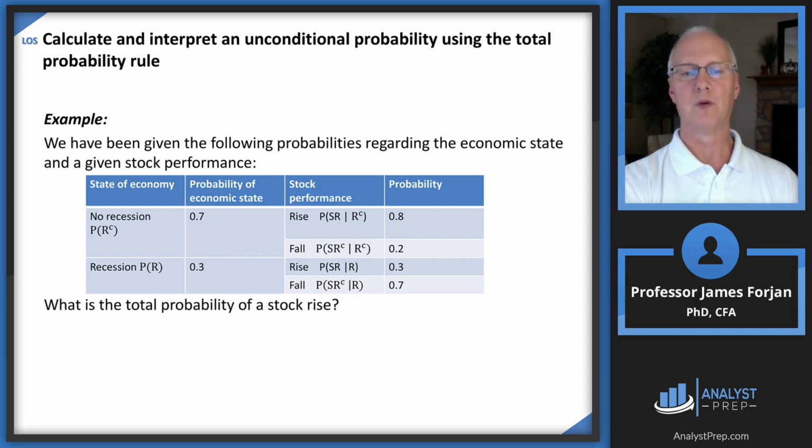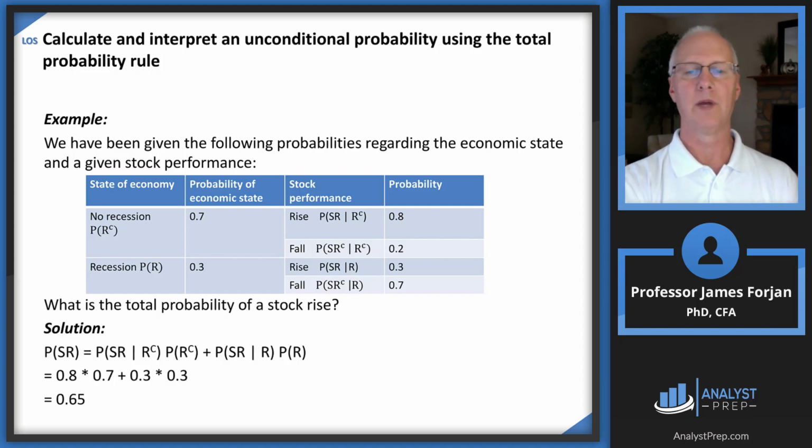So here's the question. What is the total probability of a stock price increase? We're starting with an estimate of probabilities of recession and no recession, that's 70% and 30%. And then we layer that with probabilities of stock price performance, which is either 80-20 or 30-70.